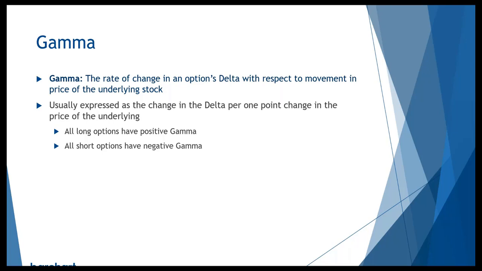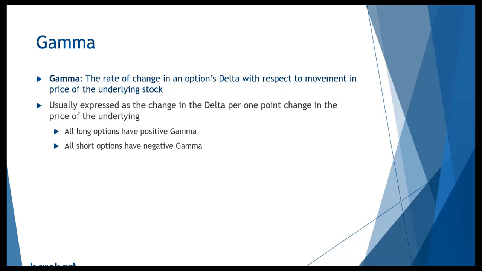With a positive gamma on a long put, the delta will become more negative and move towards -1 or -100 as the stock price falls, and less negative and move towards 0 when the stock price rises.